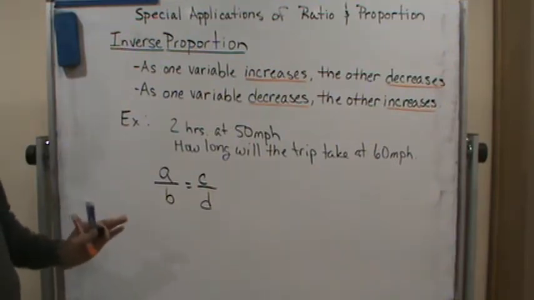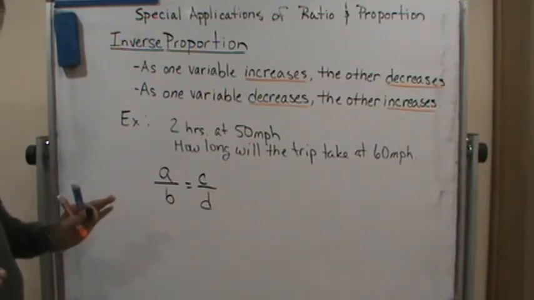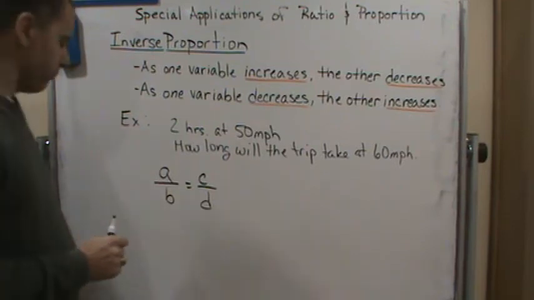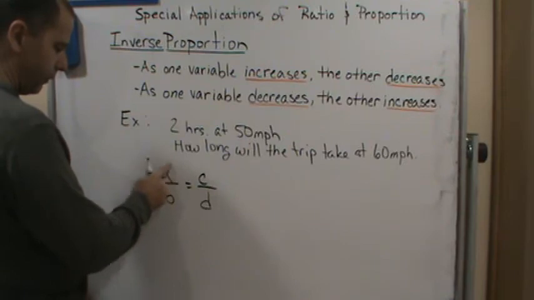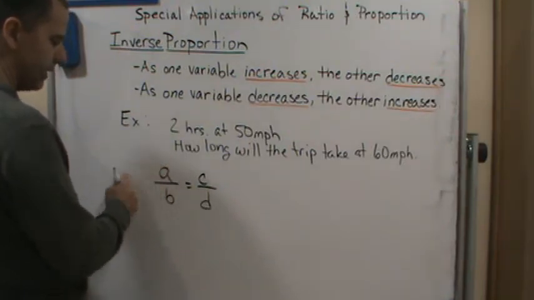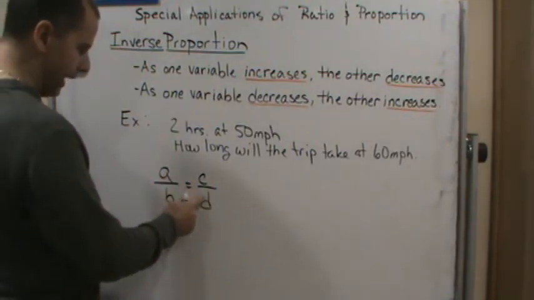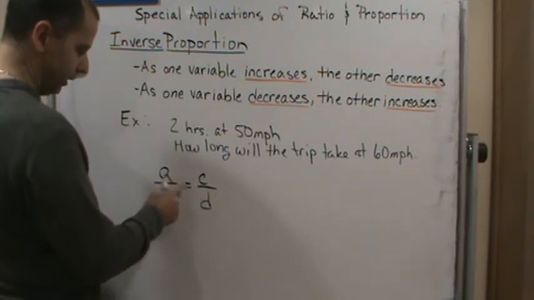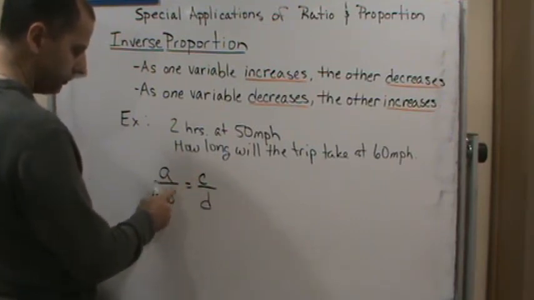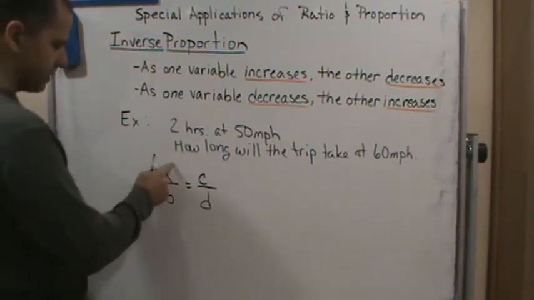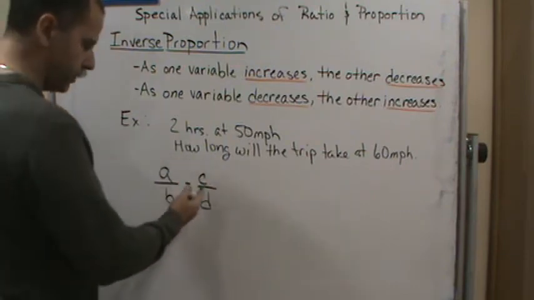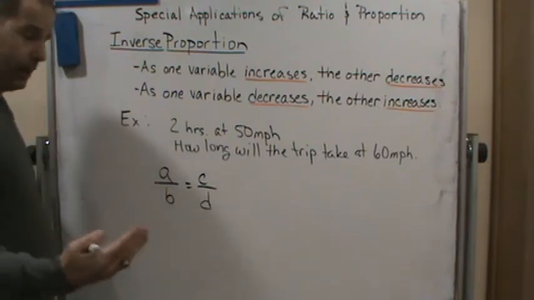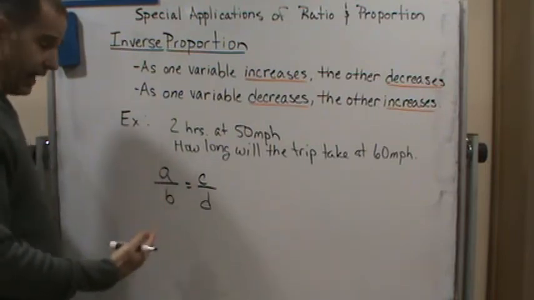With inverse proportions, it's a little different, because in order to make one variable increase and the other decrease, they would have to be opposites here. If I invert one of the variables, then it will stay the same.